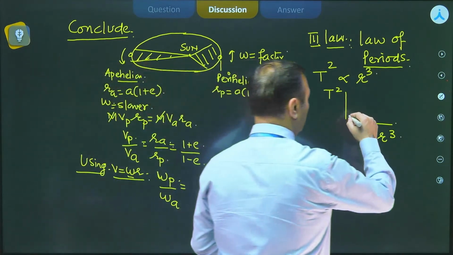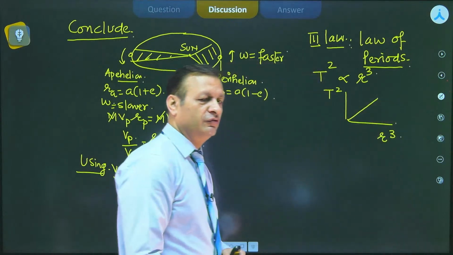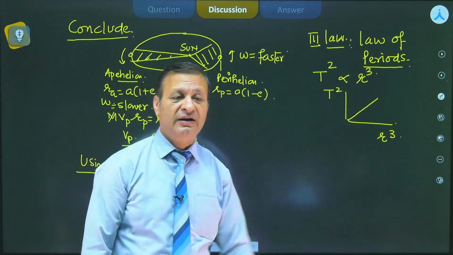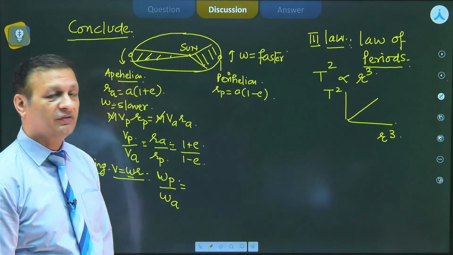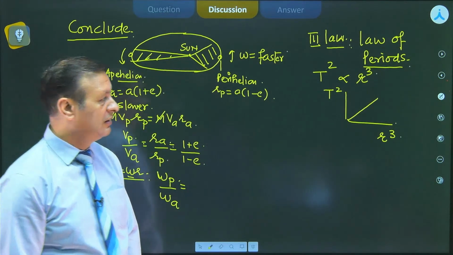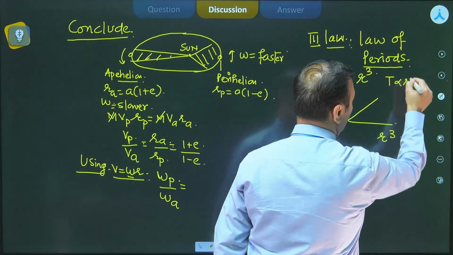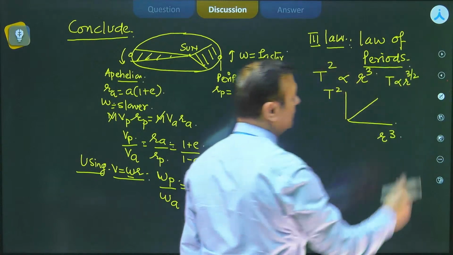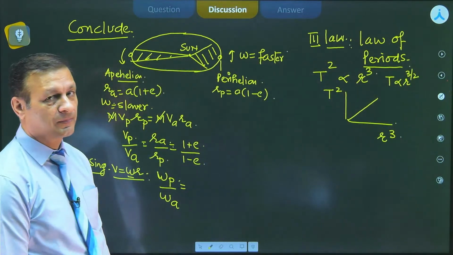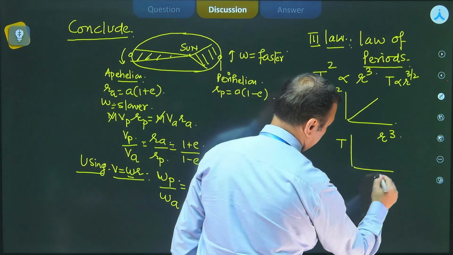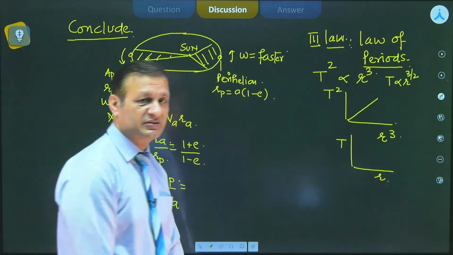Now, this is directly proportional. So the graph would definitely be a straight line when you have T square and R cube. But T is directly proportional to R to the power 3 by 2. So when you have a graph of T with respect to R, this will not be a straight line.